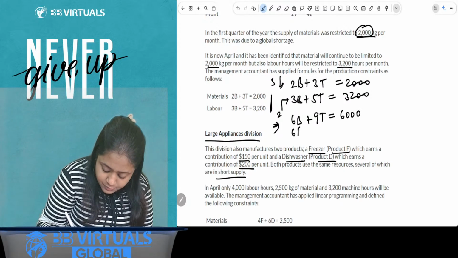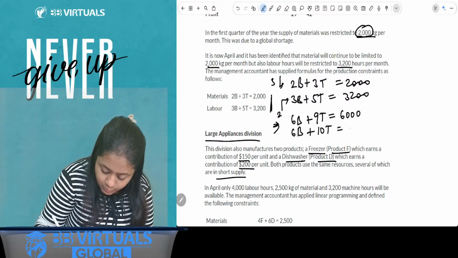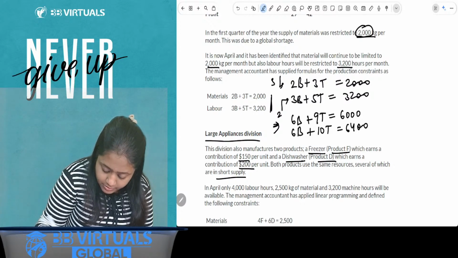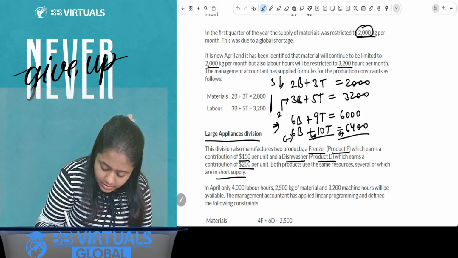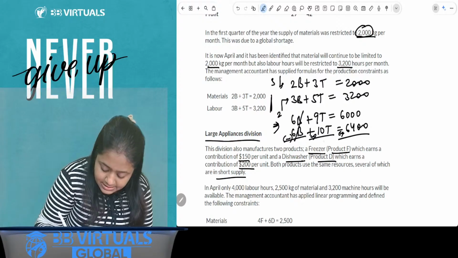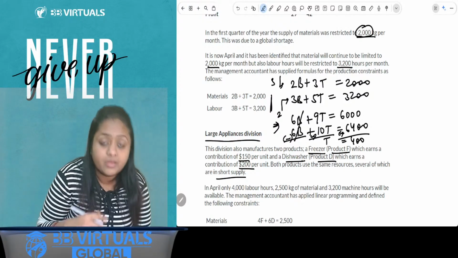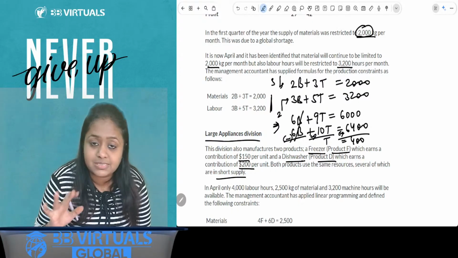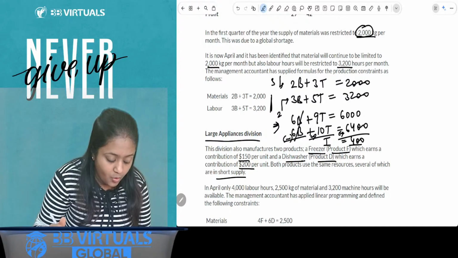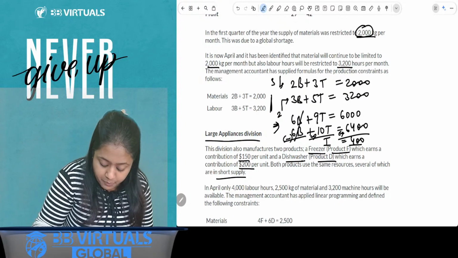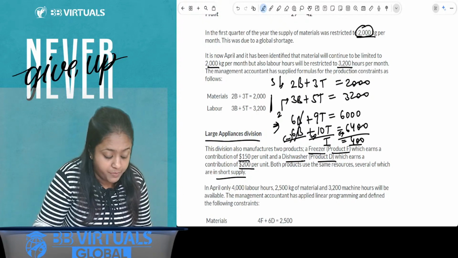And then 6b plus 2 into 5, 10t is equal to 6400. Okay, now we will subtract. And then 6b will get cancelled and I will get t is equal to 400, right, because 10 minus 9 is 1. So t is equal to 400, we have got it. Now when you know t is equal to 400, put it in the equation and get the value of b.